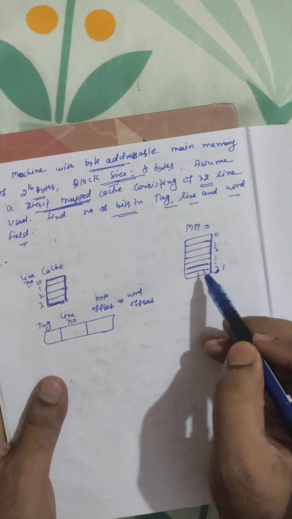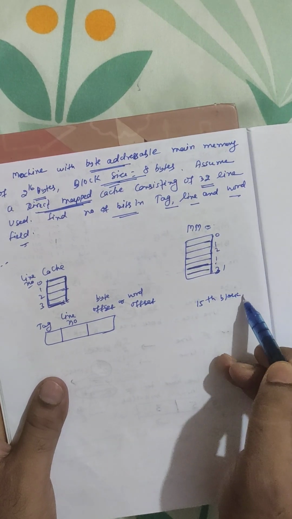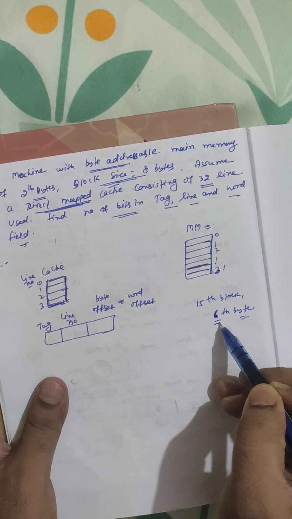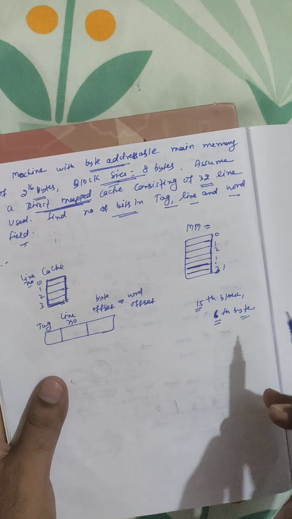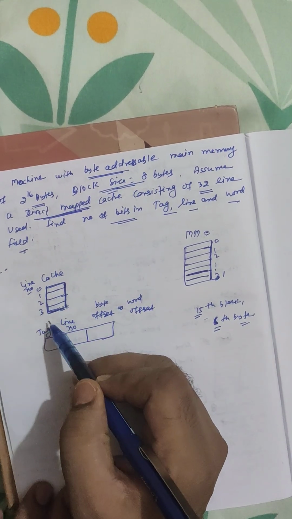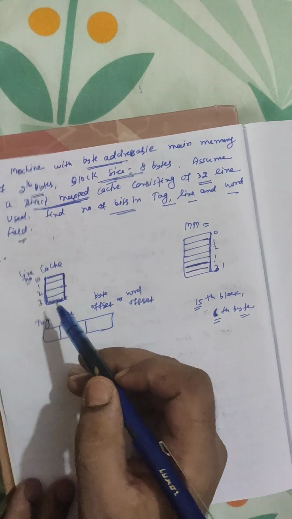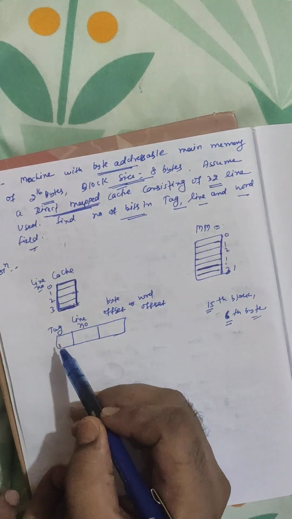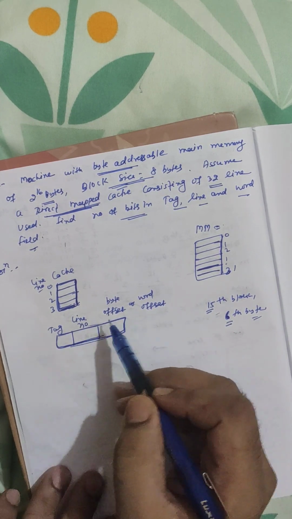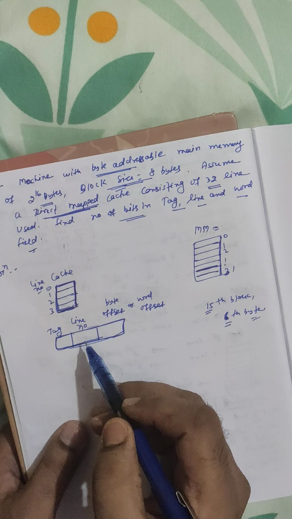Suppose we have to access the 15th block and the 6th byte. The 6th byte is the byte offset and 15 is the block number. But in cache only 4 lines can be stored, so to distinguish the block number, we use tag bits. How do we find the line number?